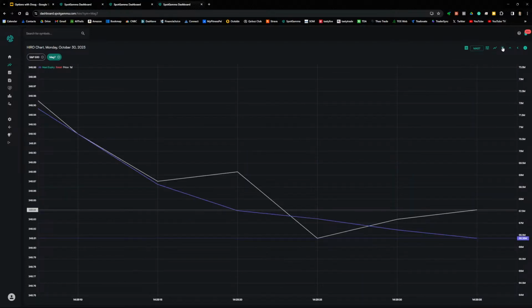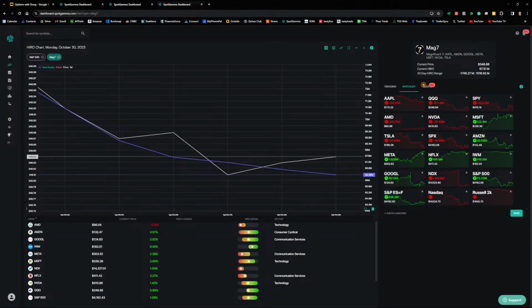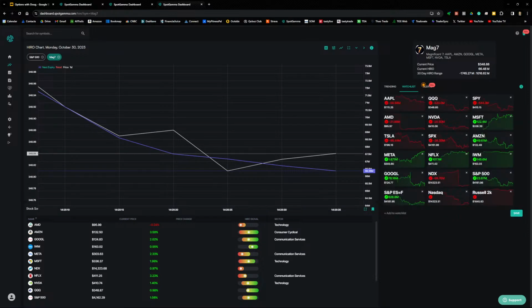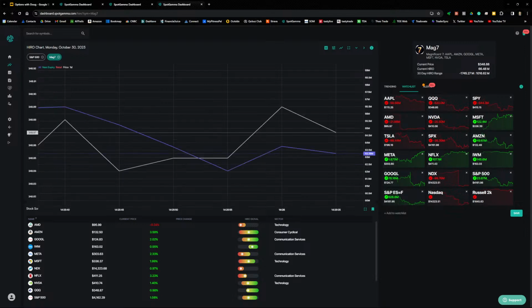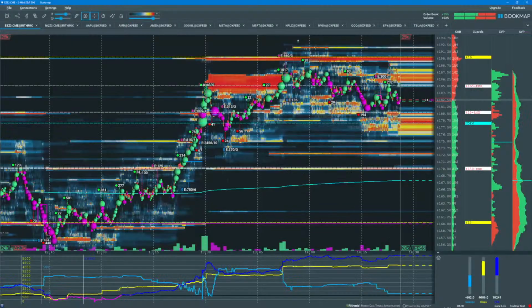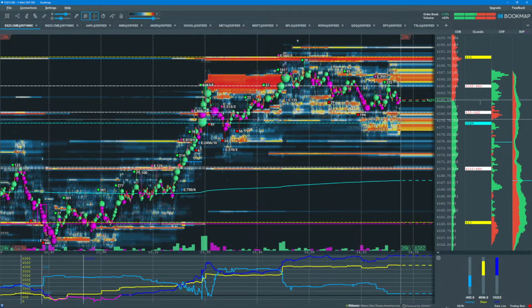All right, let's go back to Bookmap. Right now the S&P 500 is just consolidating between the SPY 415 level and the SPX 4185.